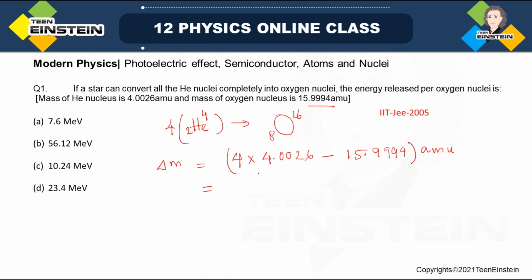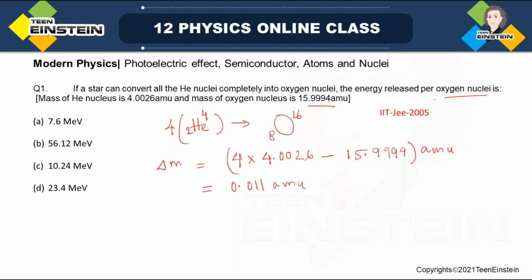If we do this calculation, you know what you will get. It will be 0.011. Now convert this mass into energy units, because the options are given in energy units, and we have to calculate the energy released per oxygen nucleus.